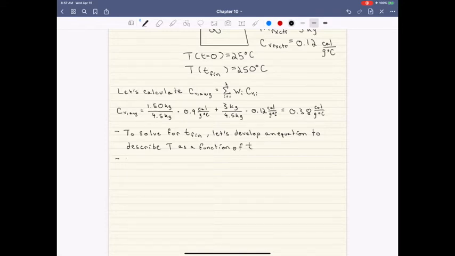To do this, let's start with our general form of the energy balance. Our general form is that our accumulation is equal to input minus output.